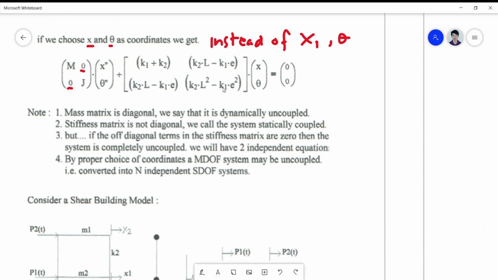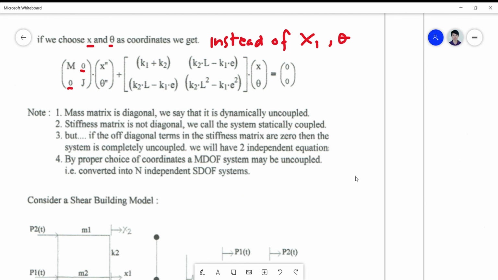And we have actually converted the two equations, which is an equivalent equation of this matrix, into two independent equations. And by a proper choice of the coordinate system, the MDOF system may be totally uncoupled, which is simply converting into an independent SDOF system.